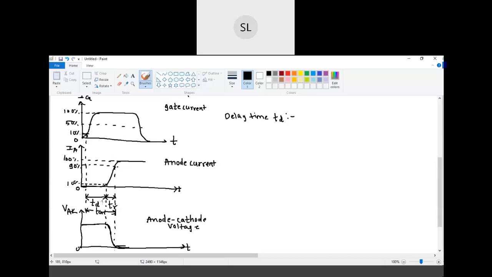This delay time is measured between the point when the gate current is 10% of its maximum value and the instant at which the anode current reaches its 10% value.